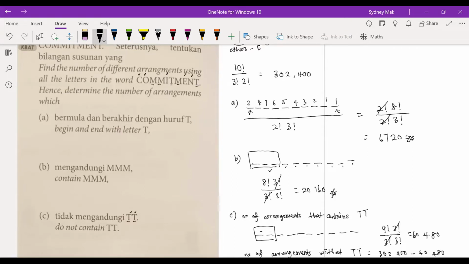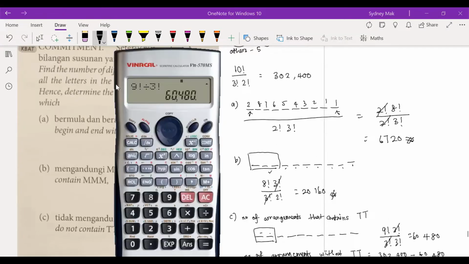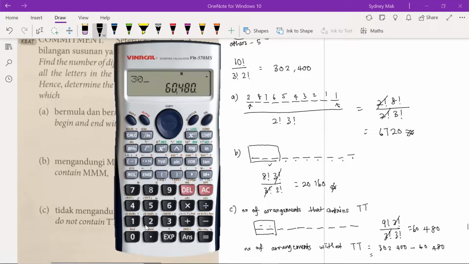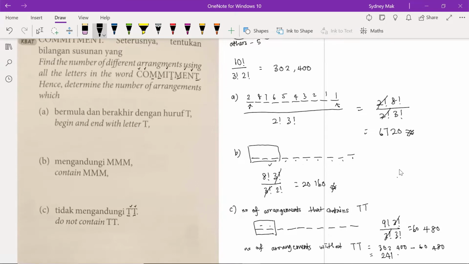Okay, so let's minus this. 302,400 minus the last answer. So the total ways to get the arrangement that do not contain TT will be 241,920 ways. So we found the answer. That's it for question number 22.